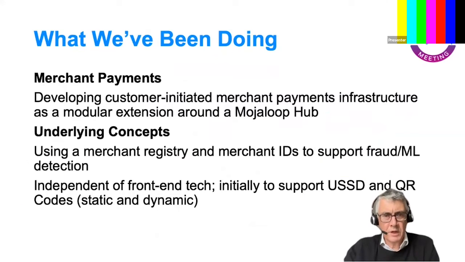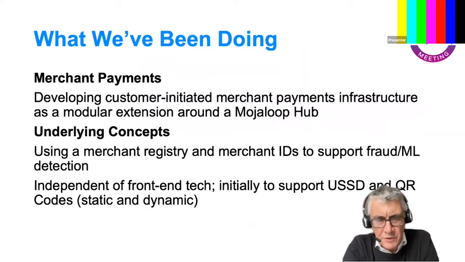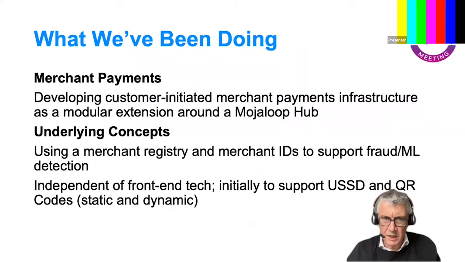So what we've been doing is the design work around merchant payments infrastructure, and the framework we're trying to build is a modular extension around a Moduloop hub. So this is something that any Moduloop deployment could deploy to add a merchant payment scheme around an already deployed hub.